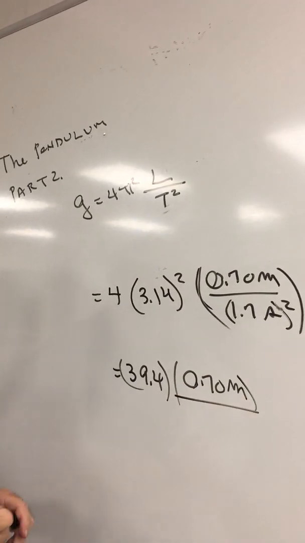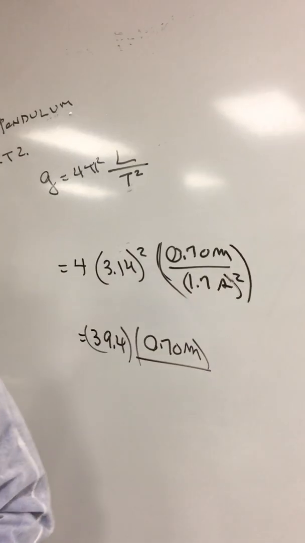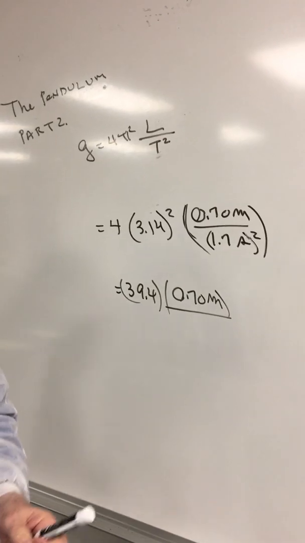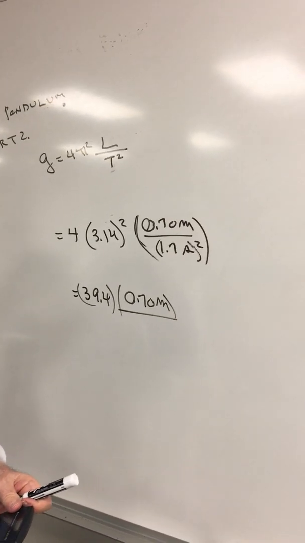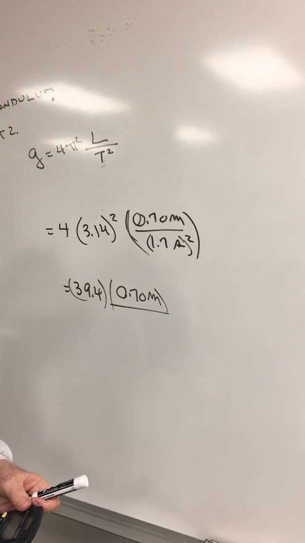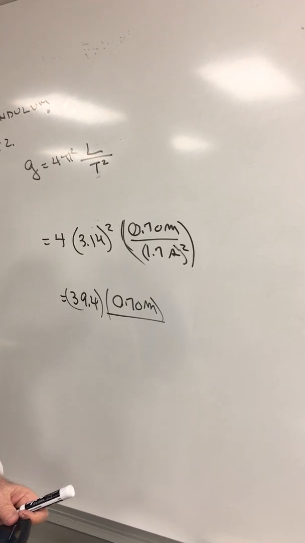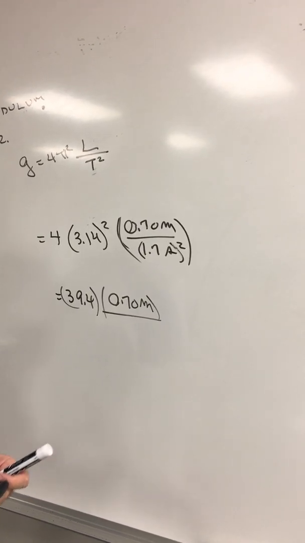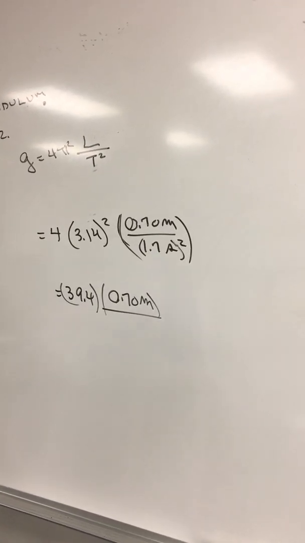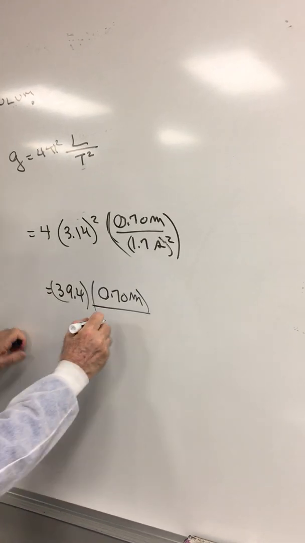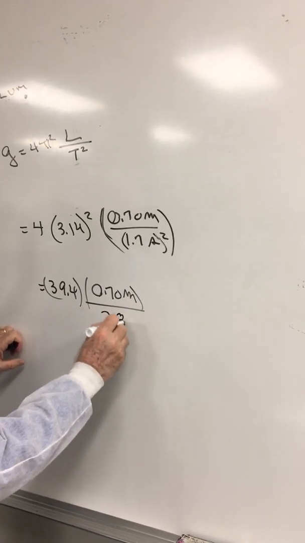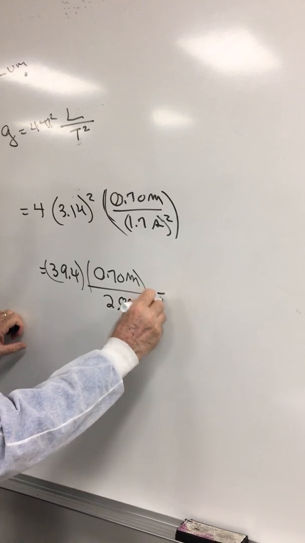divided by 1.7 squared. Well, so 1.7 squared should be about 2.89, but let me use my calculator to make sure. 1.7 times 1.7, and that's 2.89. That is correct. So this is 2.89 seconds squared.